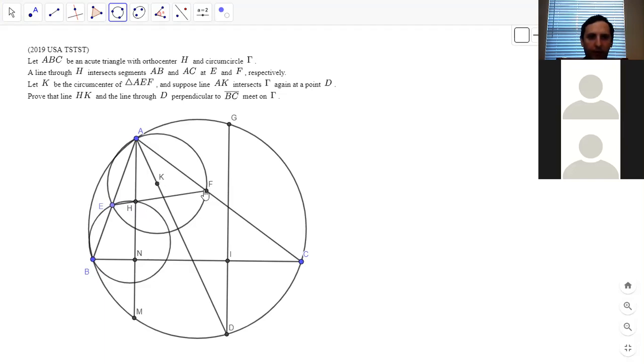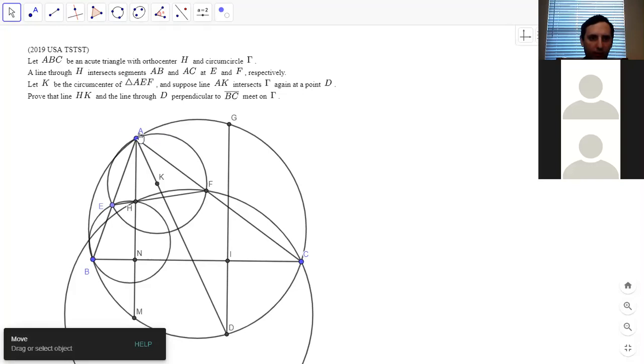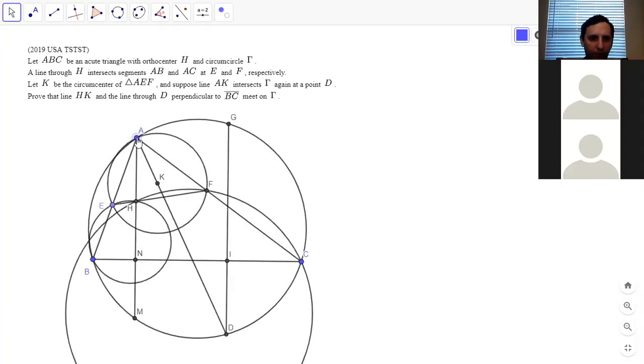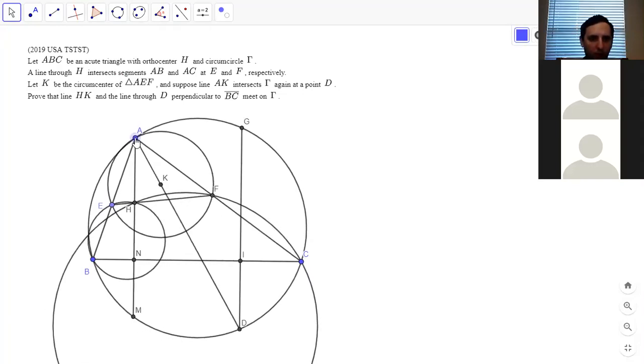EBH and FCH, yes. Okay, and it looks like those meet on the big circle. So I guess you're going to prove that, right? Yes. Or do you think we could let it meet the big circle and then prove that it lies on the other circle too?